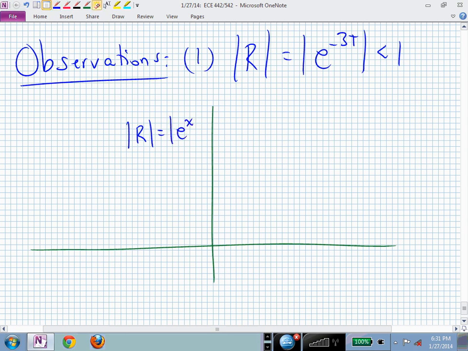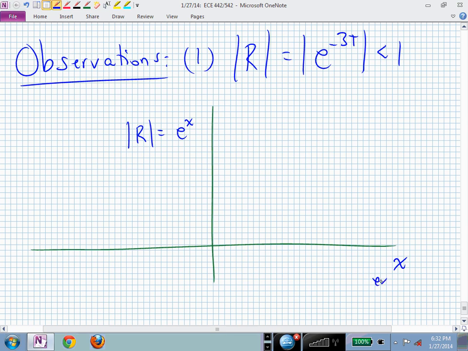Let me say this is going to represent the magnitude of r, which I'm just going to say is e to the x, and x is the horizontal line here. This is not the complex plane. This is just a relationship between x and e to the x as far as a value.